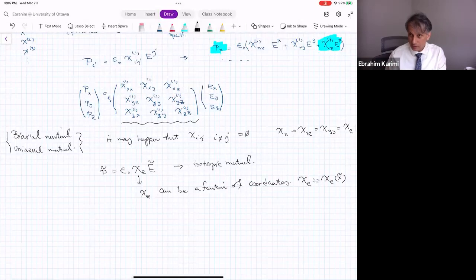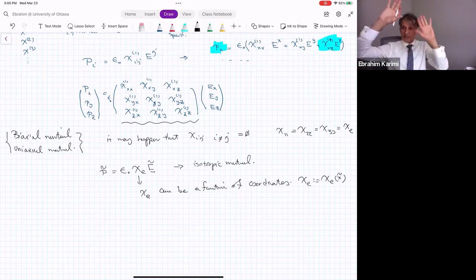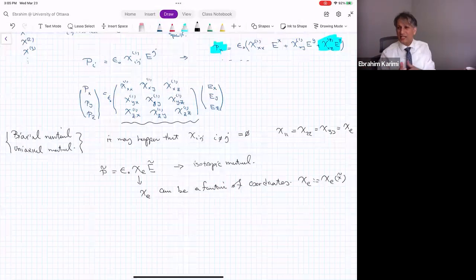In general, it can be, but now I don't consider that. When chi is identical everywhere, we call this a homogeneous material.